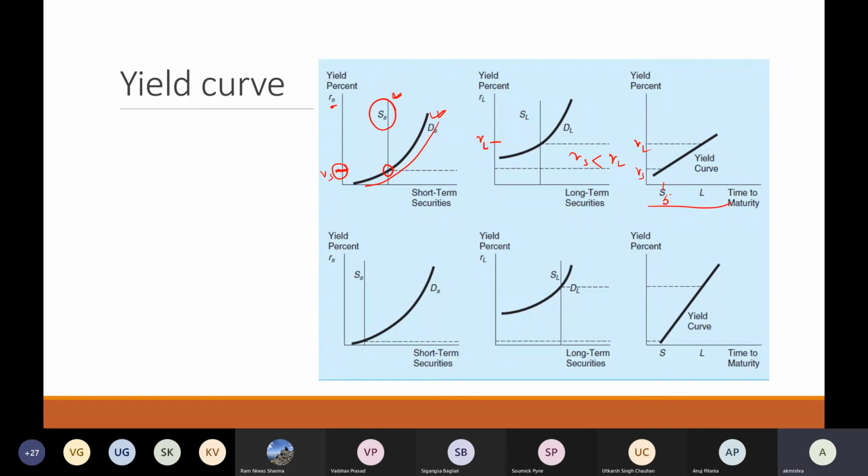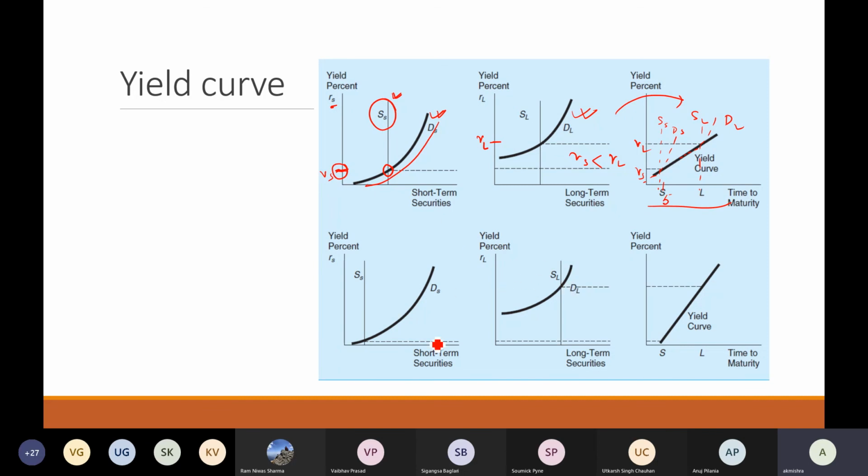This is your combined graph based on the long-term and short-term supply and demand curves. Here you can also draw demand and supply for both: DS and SS for short, and DL and SL for long term. The combined curve gives you the direction or trend of the yield to maturity curve.